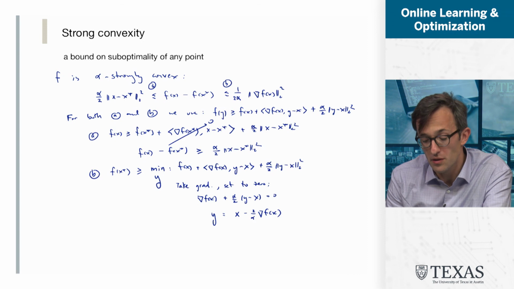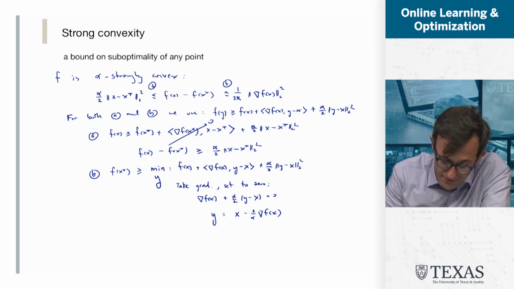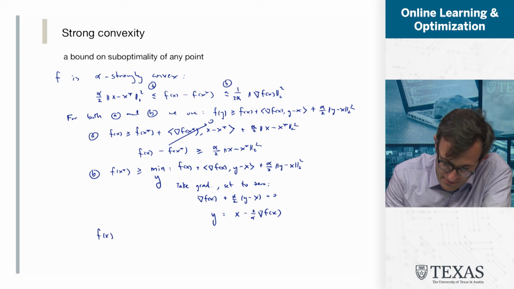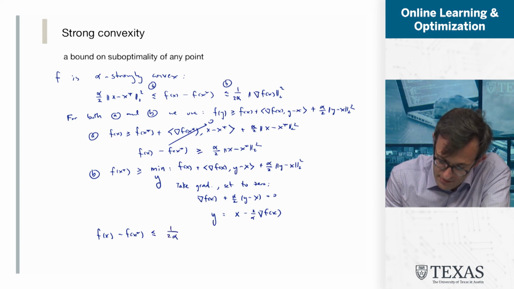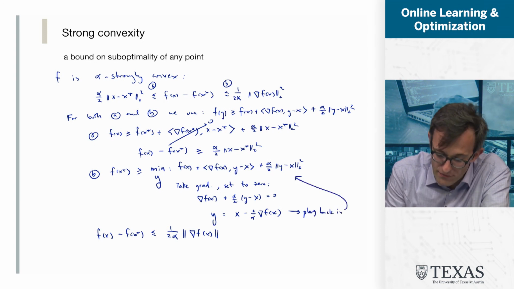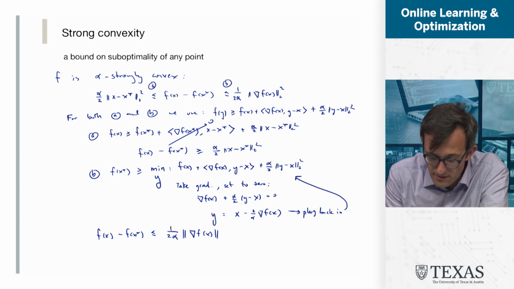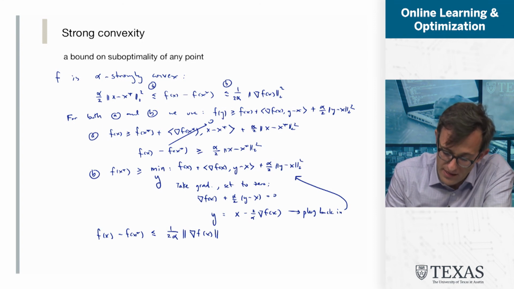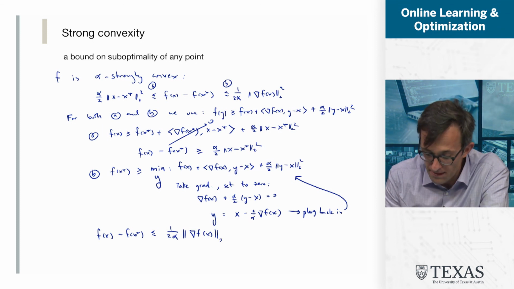If we plug in this value for y, we find that f of x star is greater than or equal to this value. I'm going to bring f of x over to the right, bring everything over to the left, and I'll have f of x minus f of x star is less than or equal to 1 over 2 alpha times the norm squared of the gradient of f of x, the only term that survives on the right-hand side.